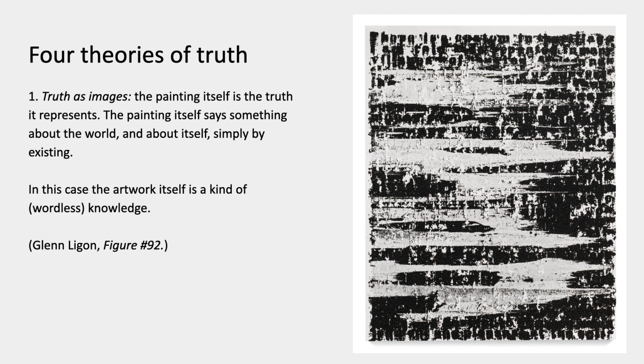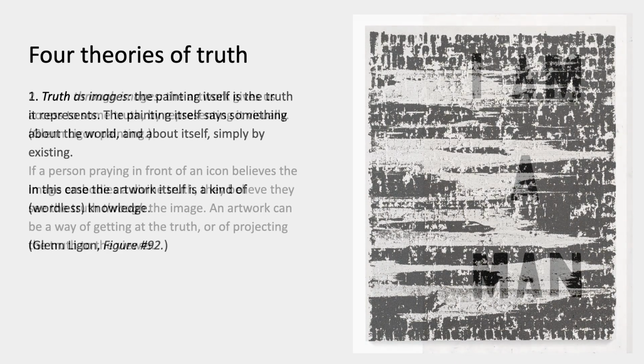I'm going to illustrate these with Glenn Ligon pieces. Obviously, that doesn't fit Fred Wilson very well because there are a lot of things that you would want to say about his installations beyond the fact that they simply are themselves. They definitely point outside themselves. But this is the first of the meanings that Derrida lists.